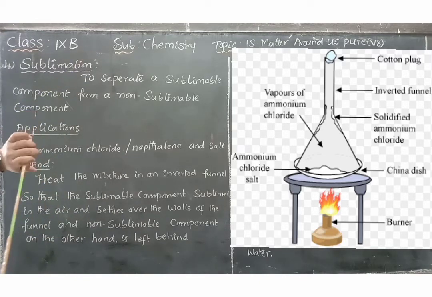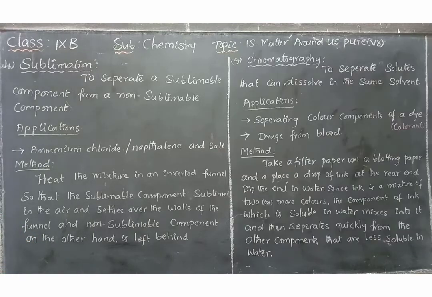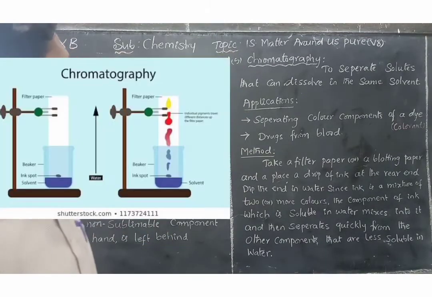It is called sublimation. You can see the diagram also. Also, you should read the textbook activity. You can easily understand. While you are watching all the videos, you should refer to the textbook, each and every activity, and learn it. Next, chromatography.